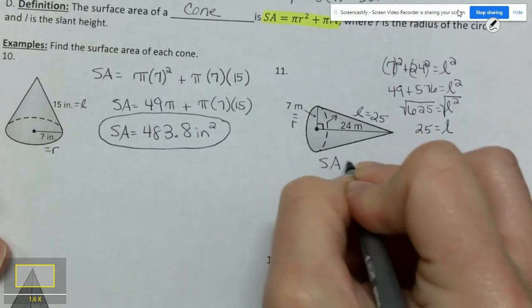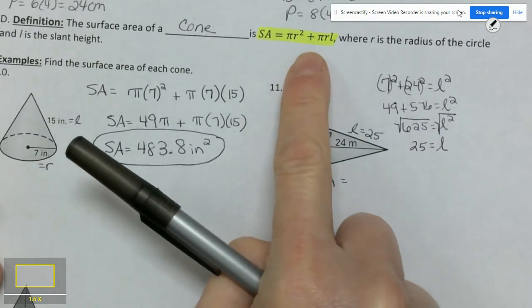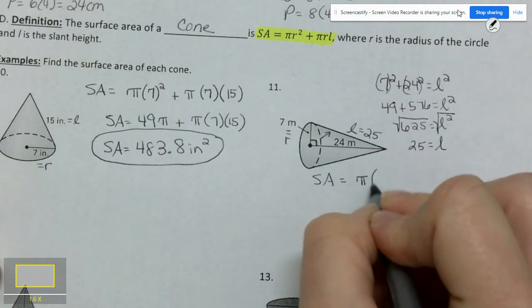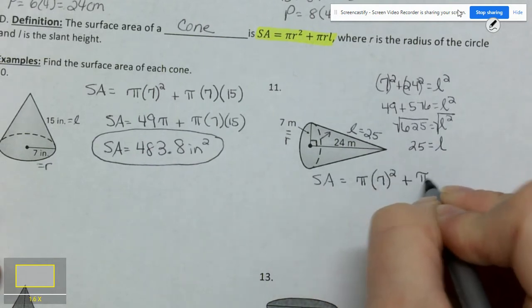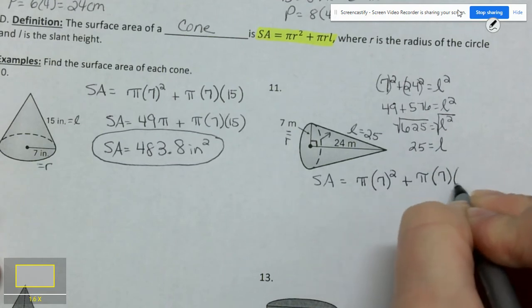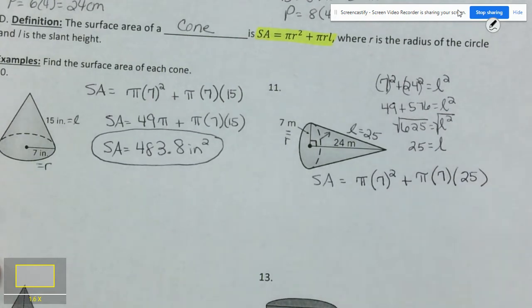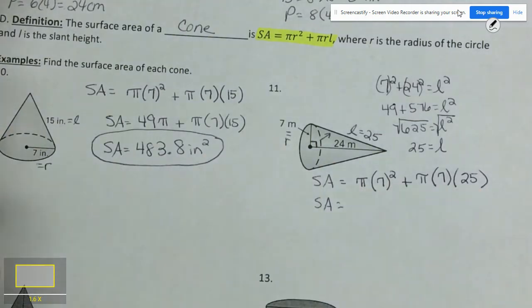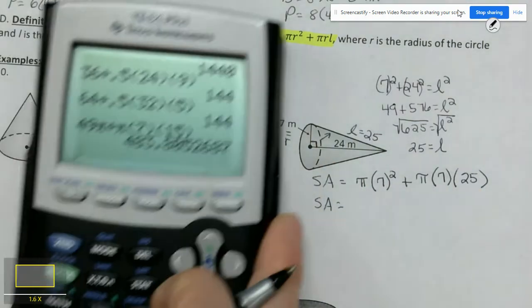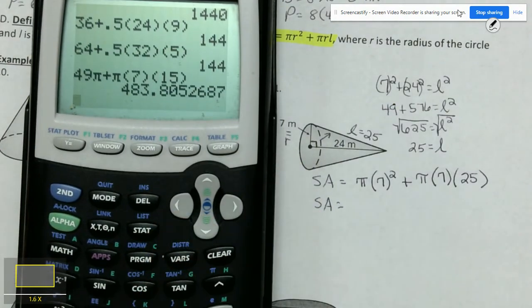Now to find the surface area, we're going to plug into this formula. Pi r is 7 squared plus pi r is 7, and the slant height is 25. Okay, so I'm going to show you, I could key this whole thing in the calculator. I could simplify to 49 pi like I did over there, but I'll show you how to key the whole thing in.